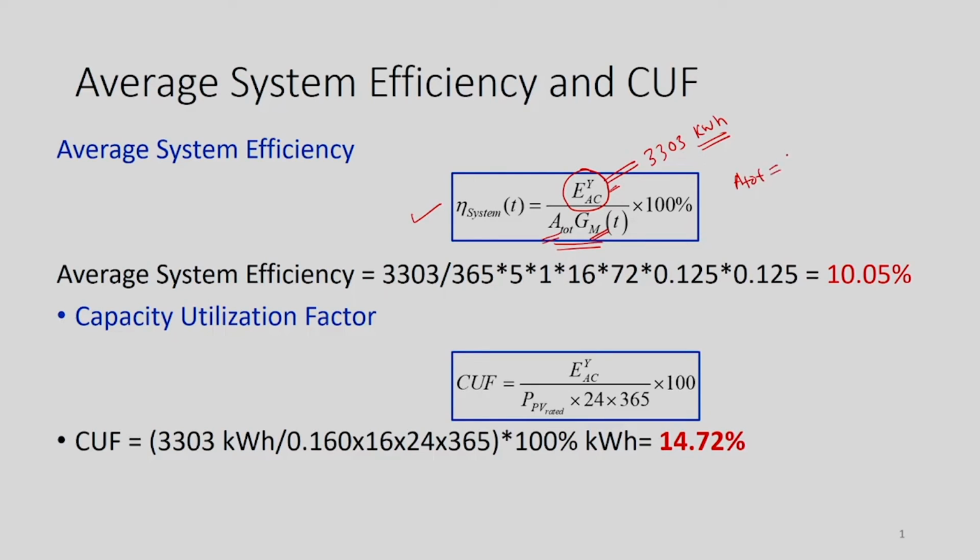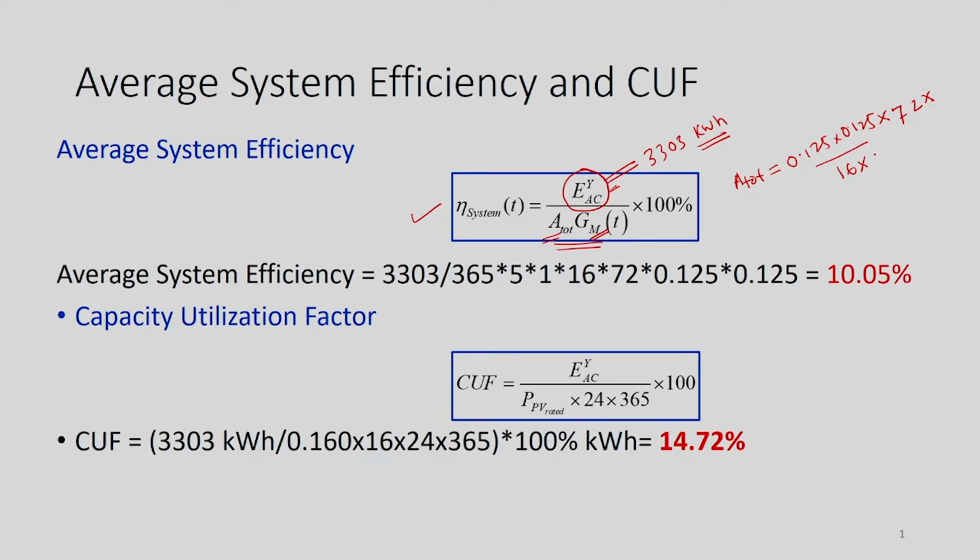A total we will first consider as 0.125 by 0.125, which is the cell area. For this kind of module, what we have considered in this case is 72 such cells, and then we have 16 modules.